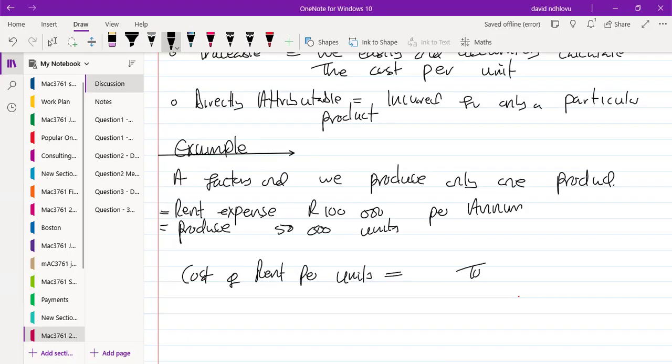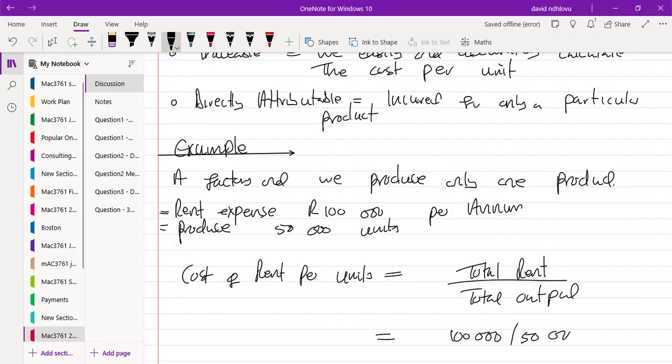We just say, what is the total rent expense divided by total output. Then we say 100,000 was the total rent for the year, and we produced 50,000 units.